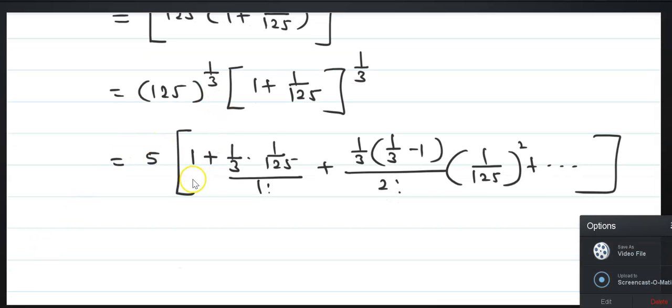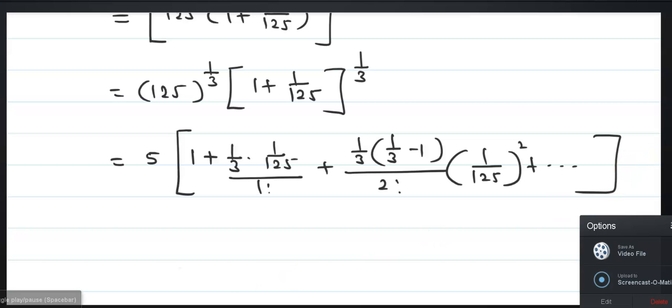here is 1 plus 1 by 3 into 1 upon 125 upon 1 factorial plus 1 by 3 into 1 by 3 minus 1 upon 2 factorial into 1 upon 125 bracket square plus and so on.